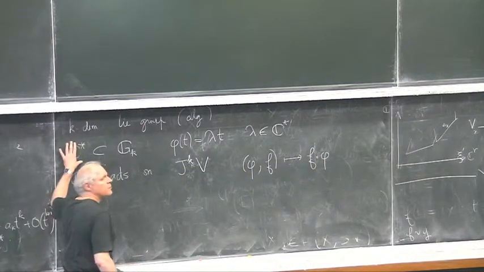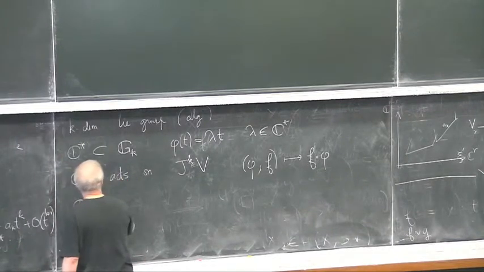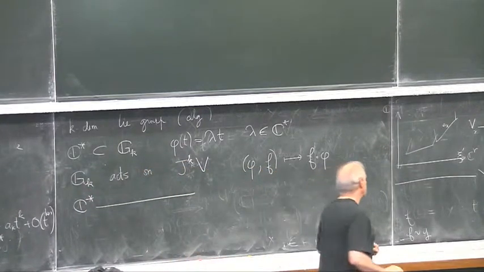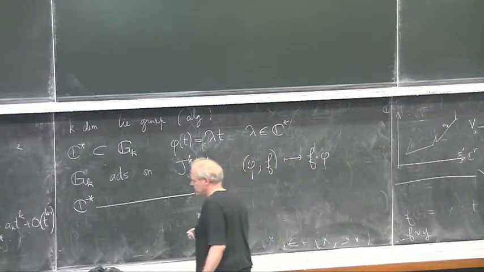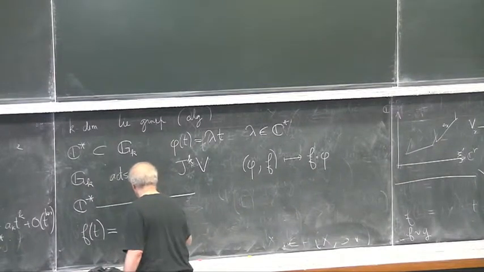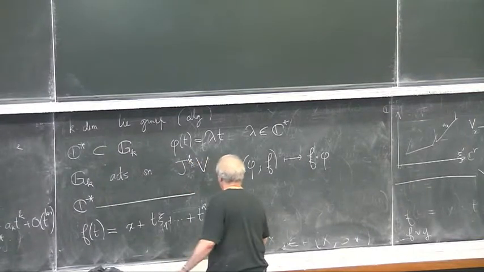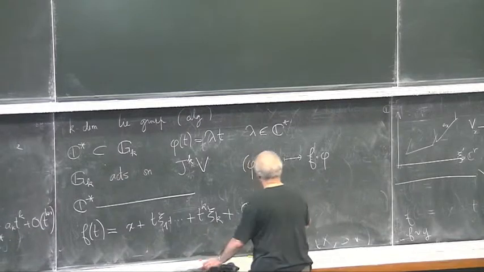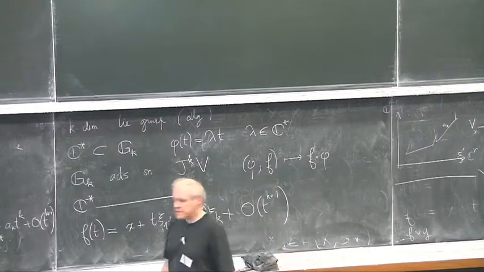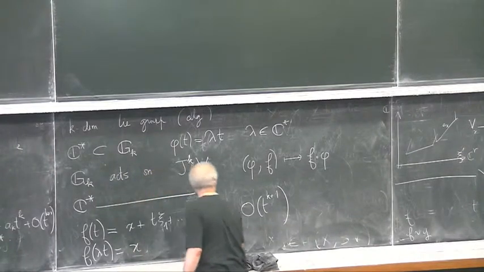Especially because C star is a subgroup, C star operates also, therefore. But now this action is very simple, of course, because if you look at the Taylor expansion, then you neglect higher order terms. Then you just replace t by lambda t, maybe with a factorial here.